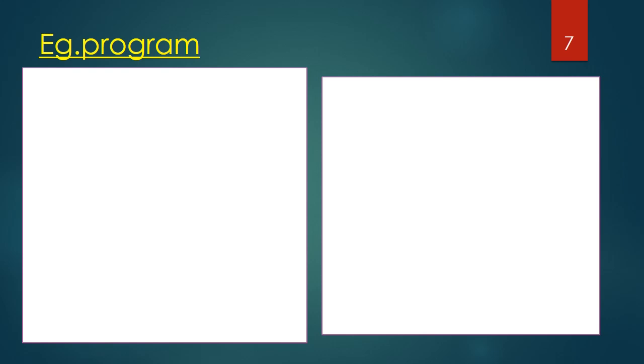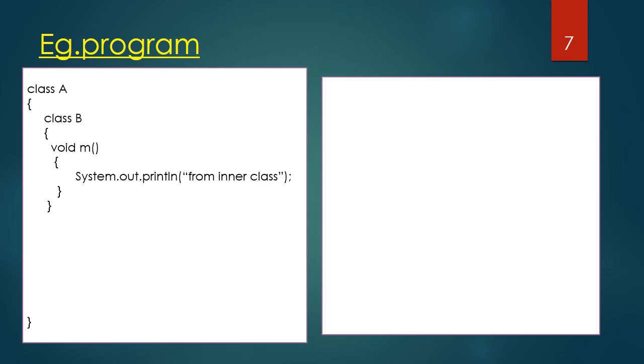Here in this example program, I have taken class A. In that class A, class B is created with the method M, printing a message from inner class. So here B is called the inner class. Since it is non-static, we call this the inner class.